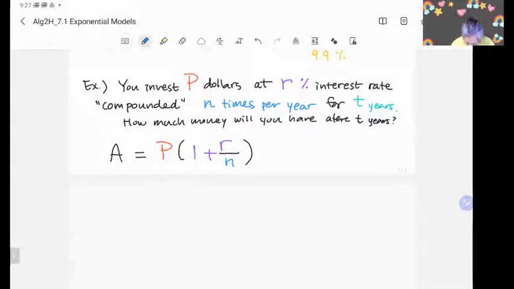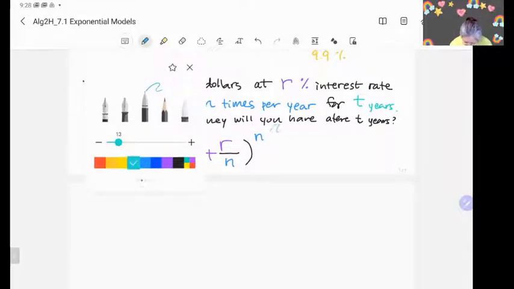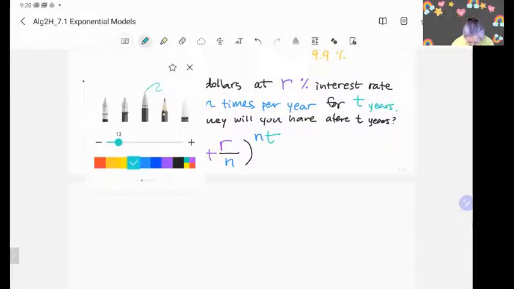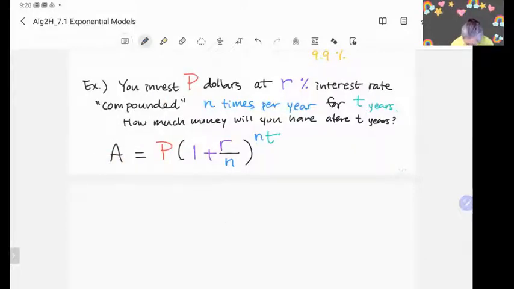Then it also multiplies by the number of years that it stays in the account. So what you need to know for sure is that R is decimal in the calculation.